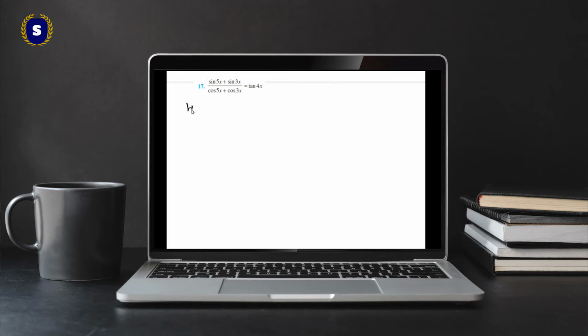We have LHS equal to sin 5x plus sin 3x upon cos 5x plus cos 3x.